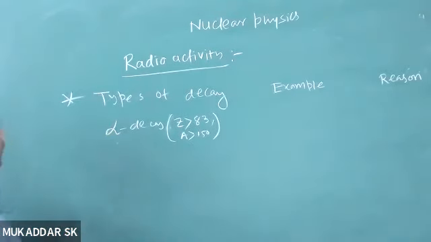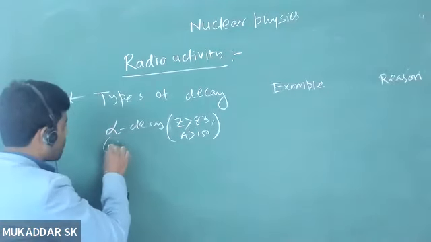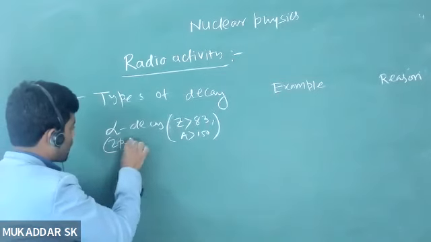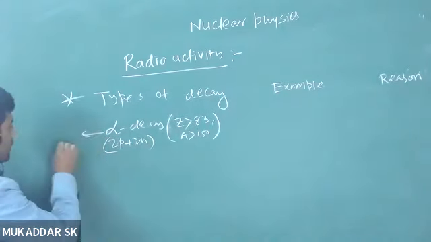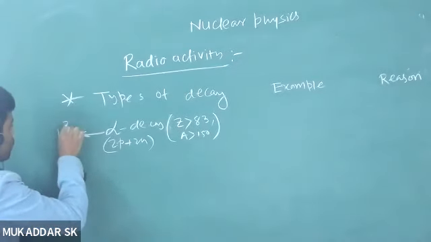And what is alpha? What is the content of alpha? The composition: you have 2 protons and 2 neutrons, right? And it is basically also called helium 2 plus ion.